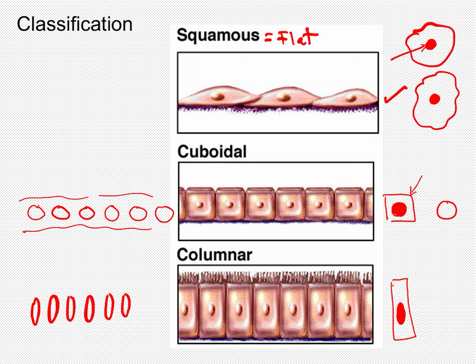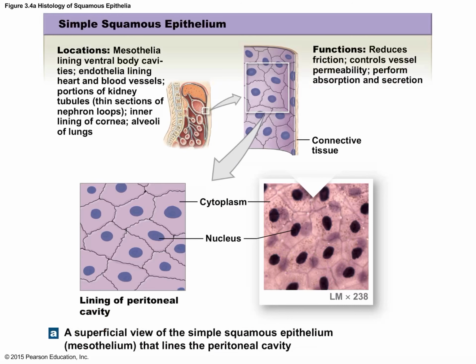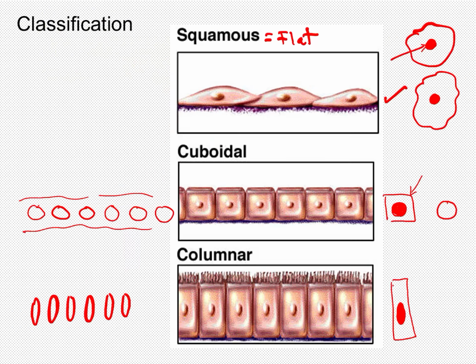So those are your 3 basic shapes that all epithelial cells have, and then it's the layering, right? So you have either one layer of cells, and if you have one layer of cells, you use the word simple. If you have more than one layer of cells, you use the word stratified. Let me just draw an example.